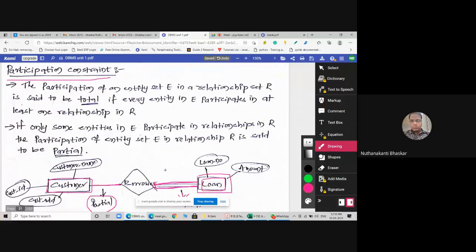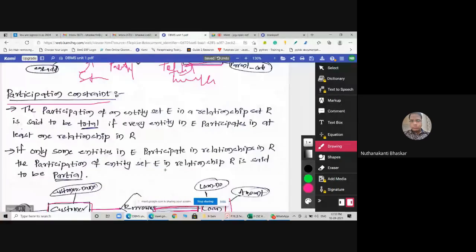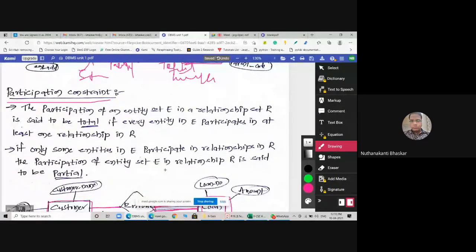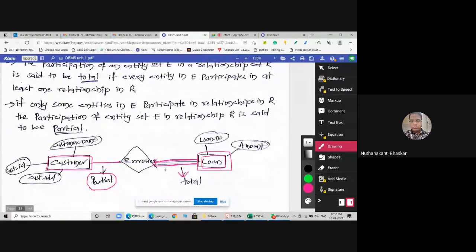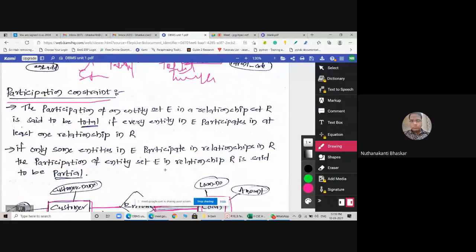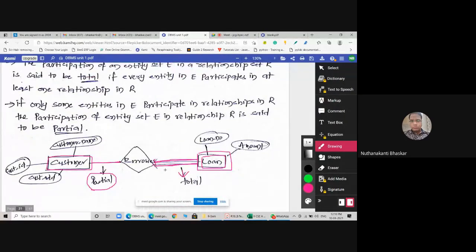So like that, we have to identify cardinality, types of relationships, types of attributes, types of entities, strong and weak entities, and participation constraints when we design the ER model. Now understood everyone? Participation constraints are understood, total and partial.